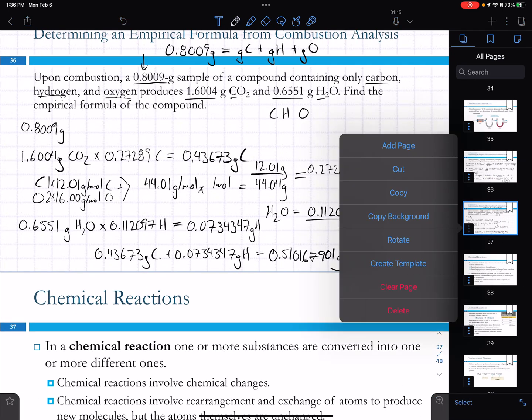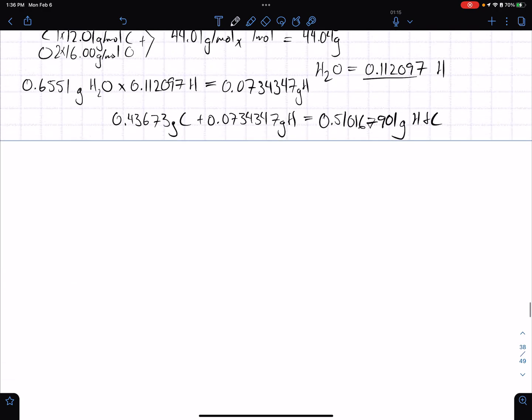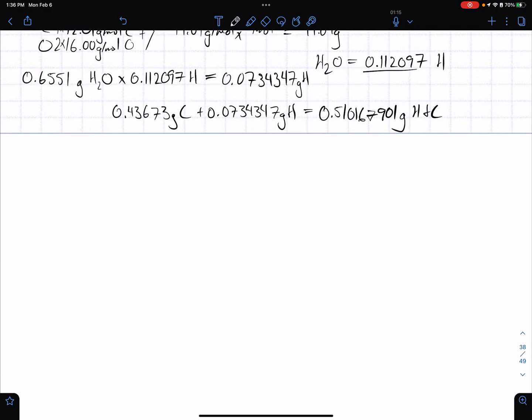I'm going to have to insert a slide here. Add page. One of the best things about technology.